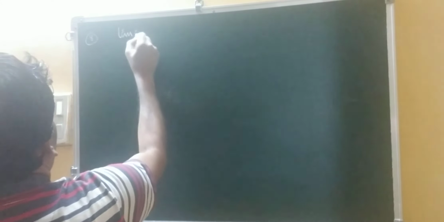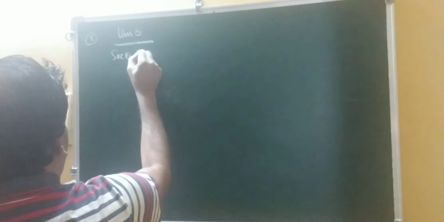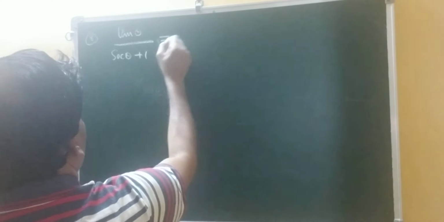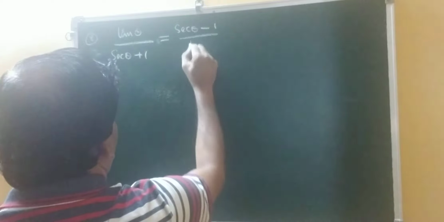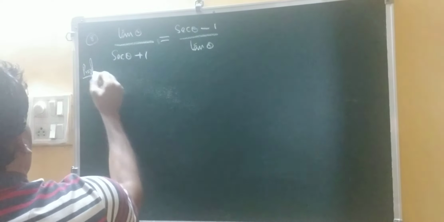Eighth sum: tan theta upon sec theta plus 1 equal to sec theta minus 1 upon tan theta. So here also we'll be doing the same thing.